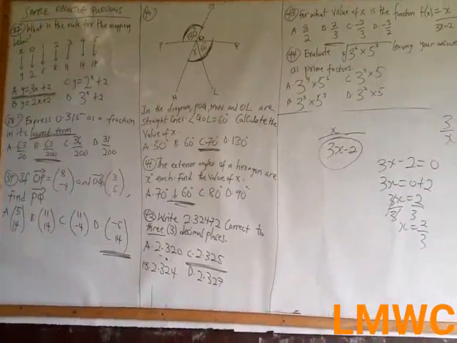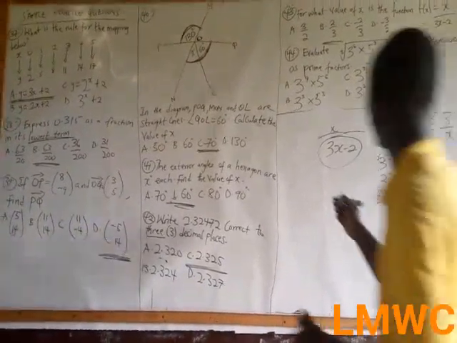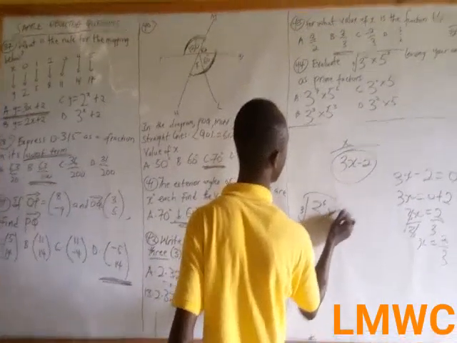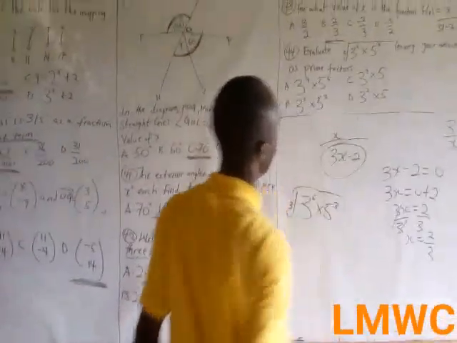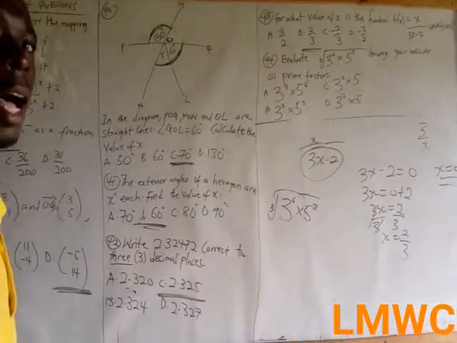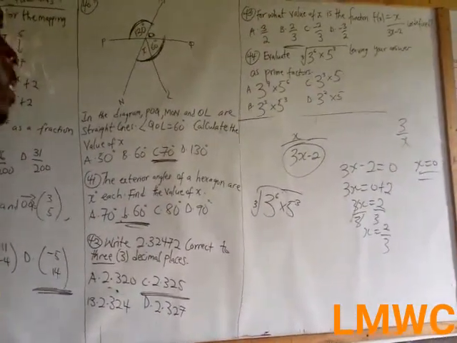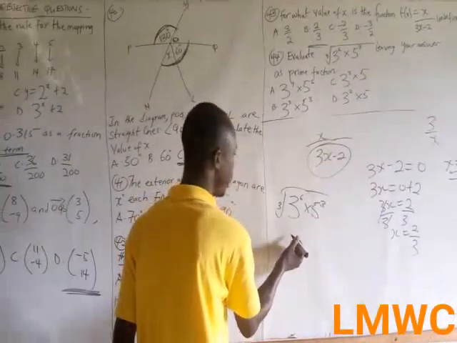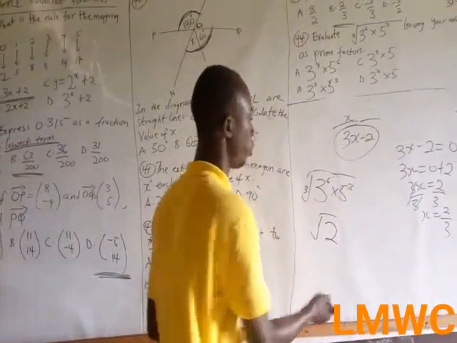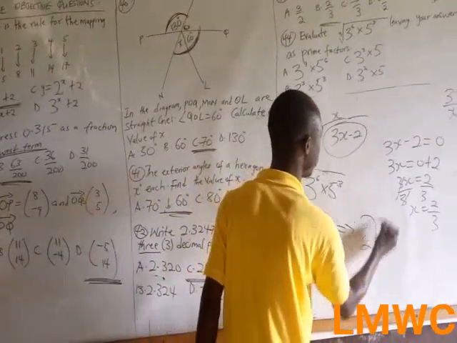Question 44. Evaluate the cube root of 3 raised to the power 6 times 5 raised to the power 3. Leaving your answer as prime factors. Always if you are given something like this, square root of 2 is the same as 2 raised to the power half.